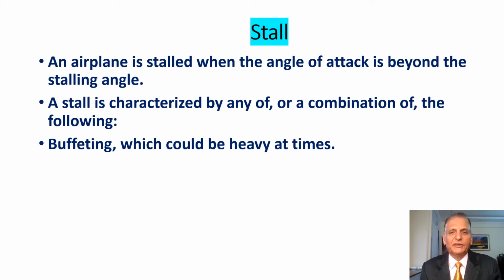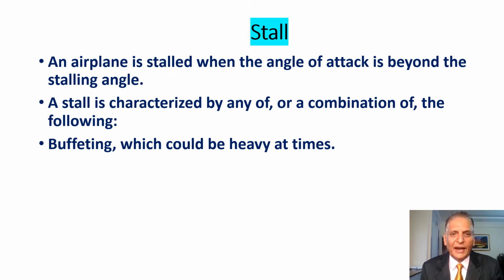Now we shall discuss what is stall. All of you are aware of what is stall. Just to refresh your memory, an airplane is stalled when the angle of attack is beyond the stalling angle.